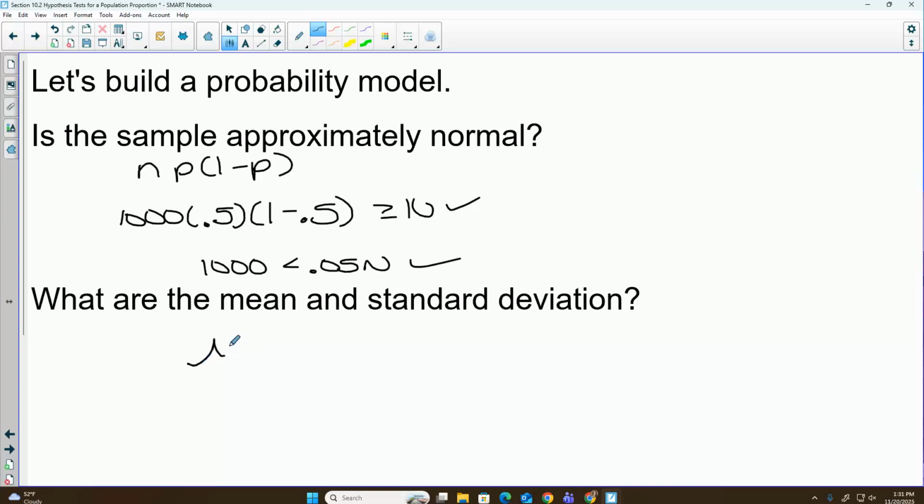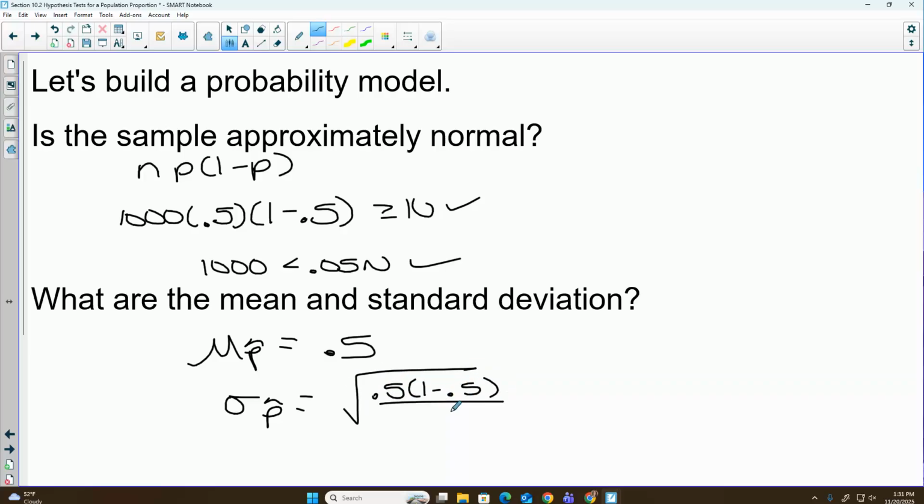Mean. So all the stuff we were doing in our last test. The mean is just our p, so 0.5. Standard deviation is the square root of p times 1 minus p over n.